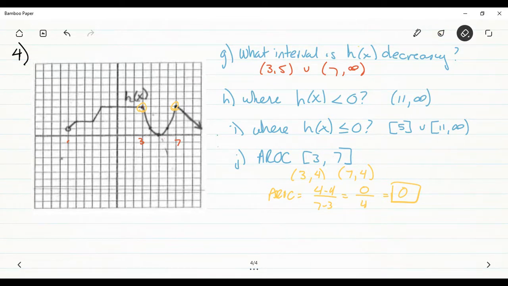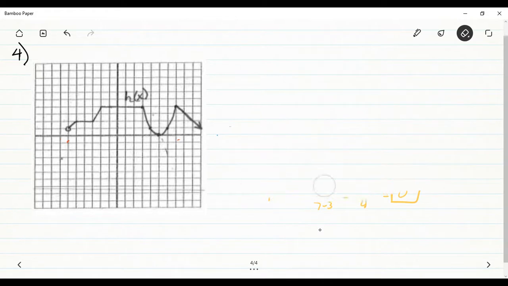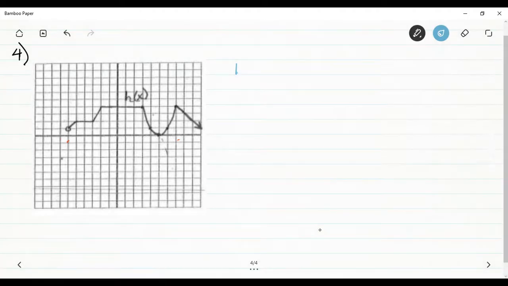Finishing up the last two pieces, looking at some function values. Part K is asking us to evaluate h of -6. We look at this picture, -6 is right here.